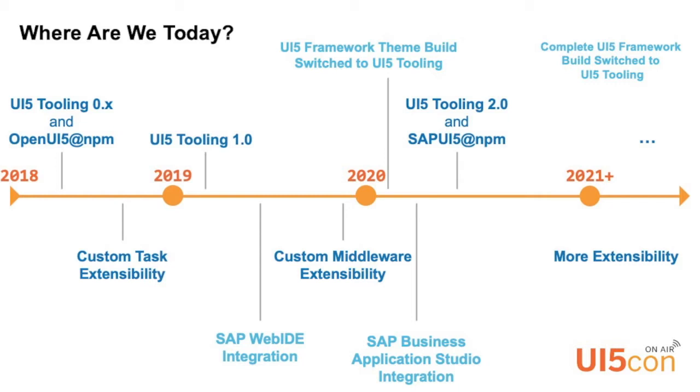And for the future, we plan many things. Just to highlight two here, we'll have some more later in the presentation. For our internal use, we want to switch the complete UI5 framework build to the UI5 tooling. So we basically want to replace most of the Maven plugins and especially most of the custom Java code that we use today to build the UI5 framework with the UI5 tooling.